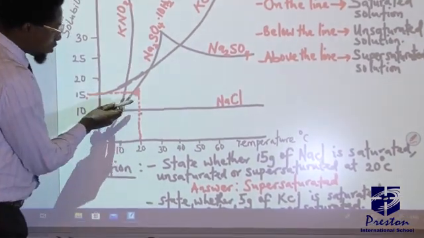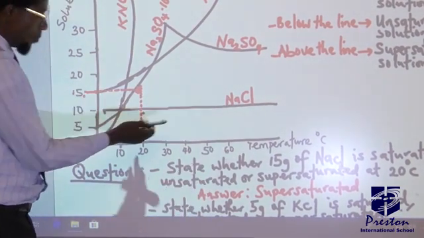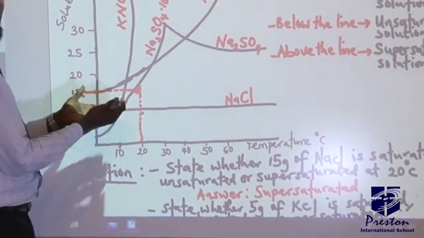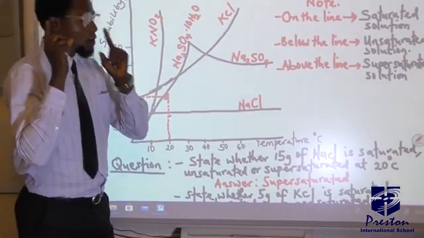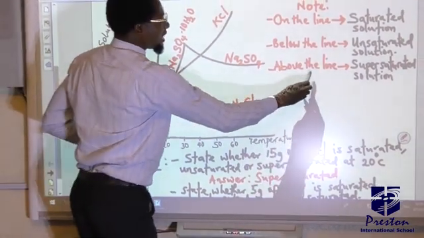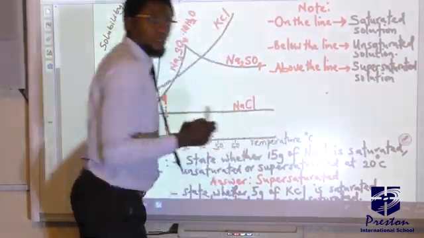At this point, is this point found above the line, on the line, or below the line? We can see clearly that it is found above the line. And don't forget, we have given ourselves a rule that whenever you have anything above the line, it is said to be what? Supersaturated solution.